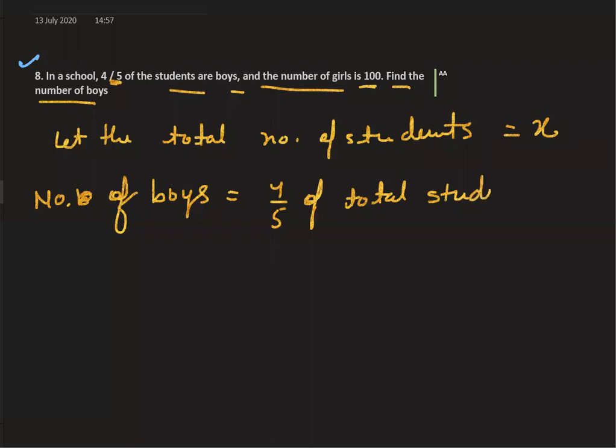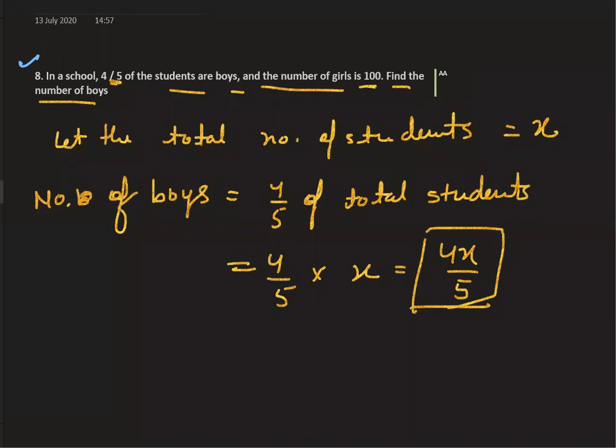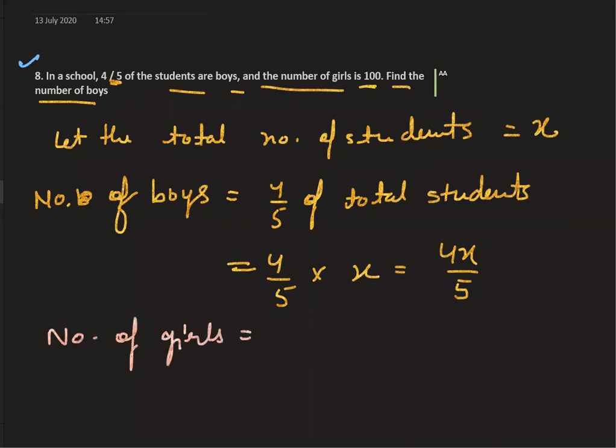And now what is total students? Total students is X. So you will write 4x/5. This is the number of boys. ये number of boys है. And number of girls is 100.